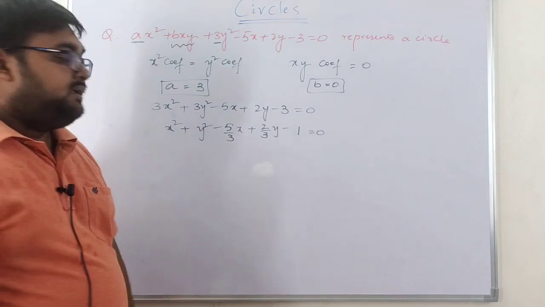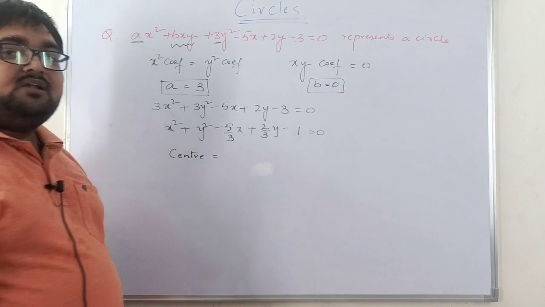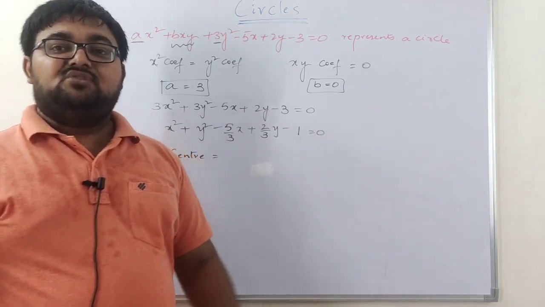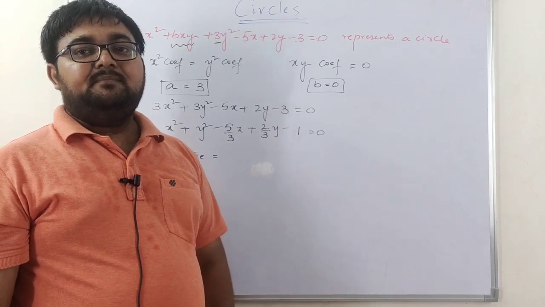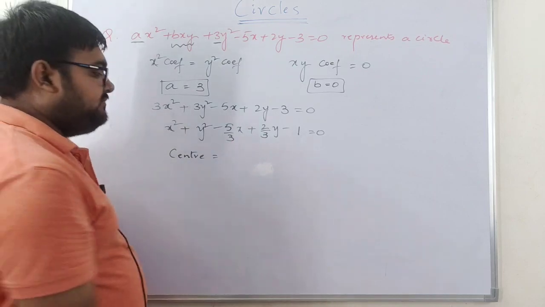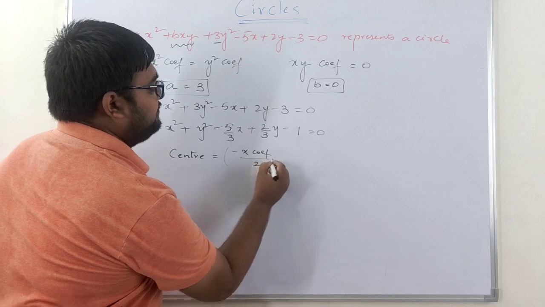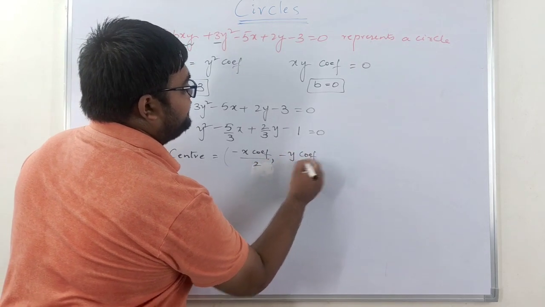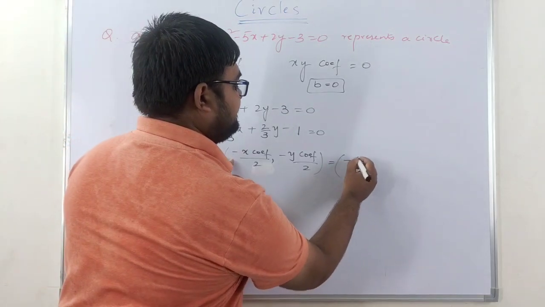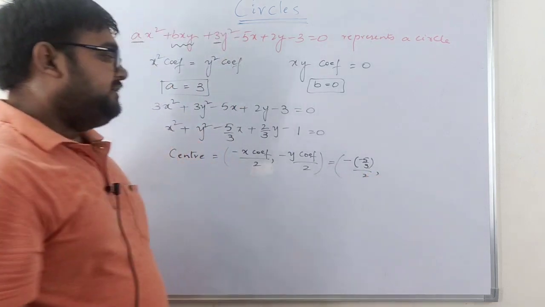Now I need the center. What is the formula of the center? The formula of the center is minus x coefficient by 2 comma minus y coefficient by 2. What is the x coefficient here? Minus 5 by 3. So minus x coefficient is minus of minus 5 by 3, divided by 2.